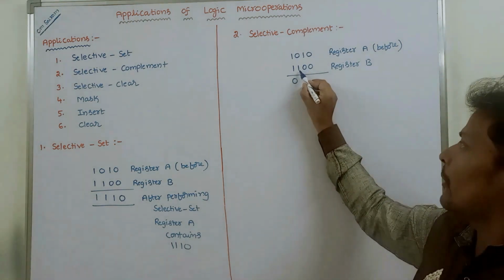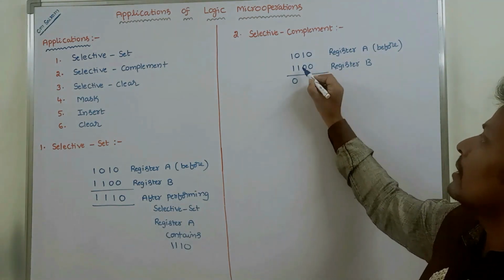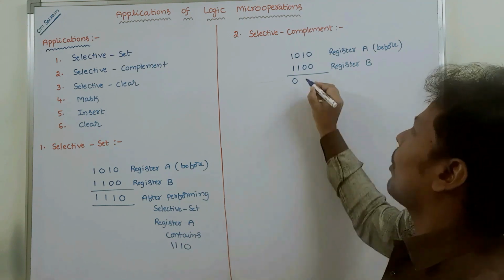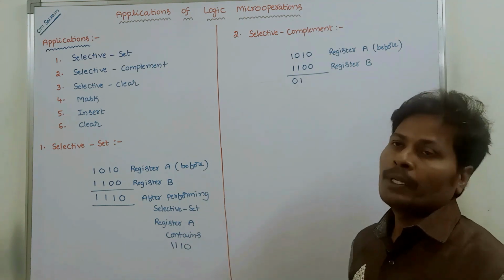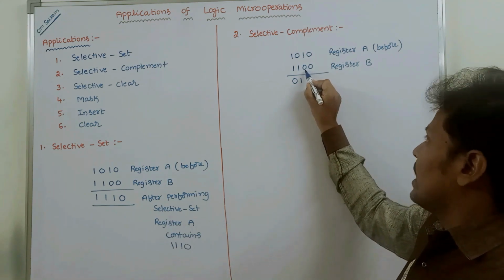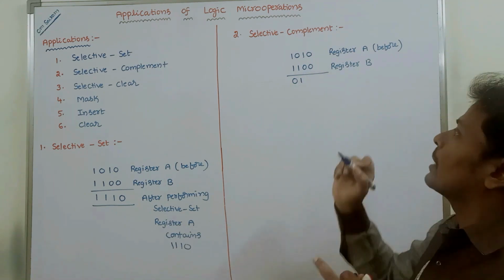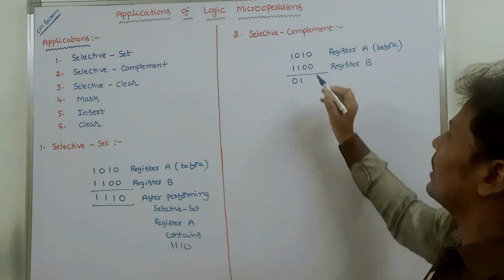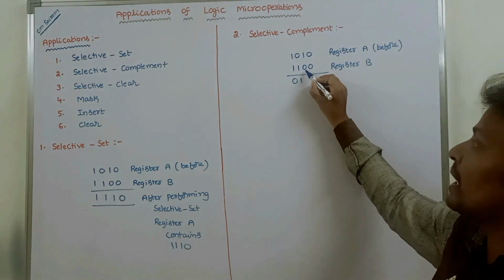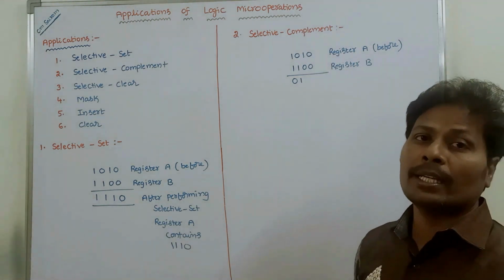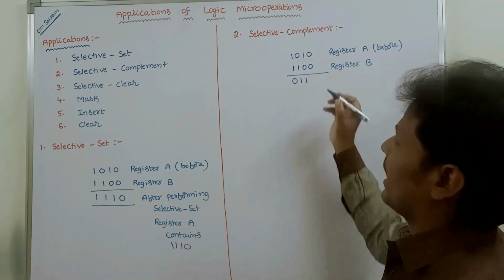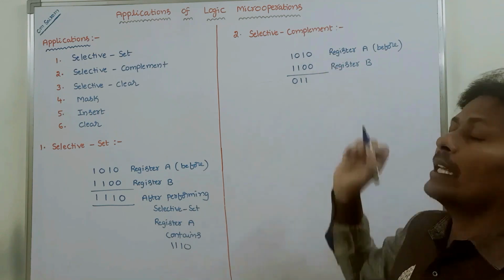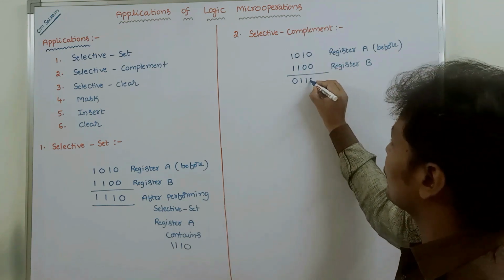Next, for this one in register B, the corresponding bit in register A is 0, and it is complemented as 1. Next, for 0 bits in register B, the corresponding bit in register A does not change. Here 0 is there in register B, the corresponding bit in register A is 1, so there is no change at all. Here 0 is there, and the corresponding bit in register A is also 0, so there is no change at all.